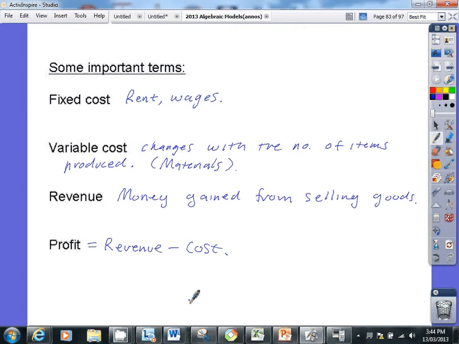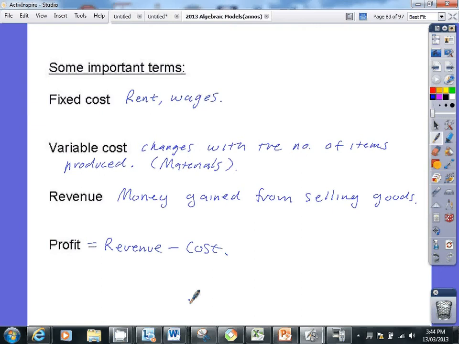You might think, let's say you were going to sell lemonade at a stand. You go out and sell $50 worth of lemonade, so you've got $50 in your pocket. Can you justifiably say that you have profited by $50? Not really, because you have to pay some money to begin with for the lemons and the sugar and all that sort of stuff.